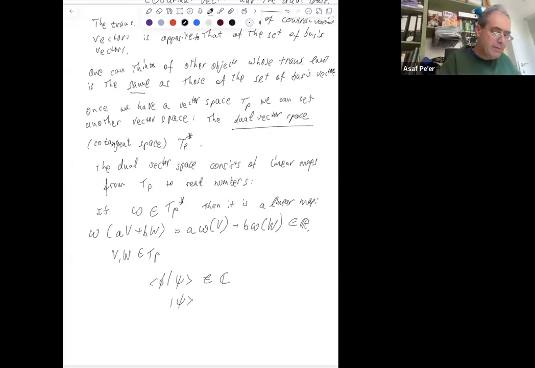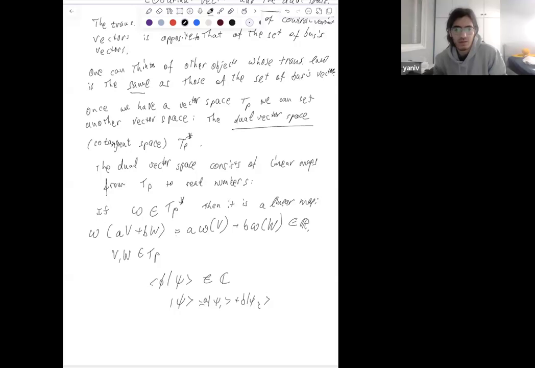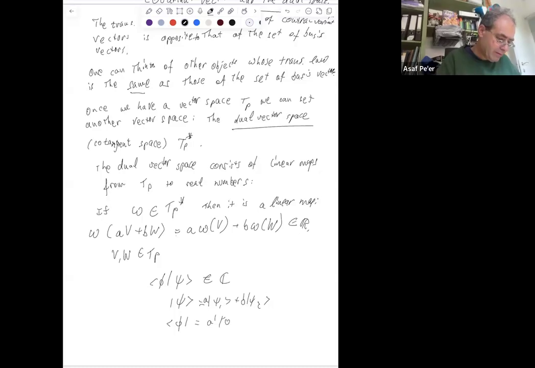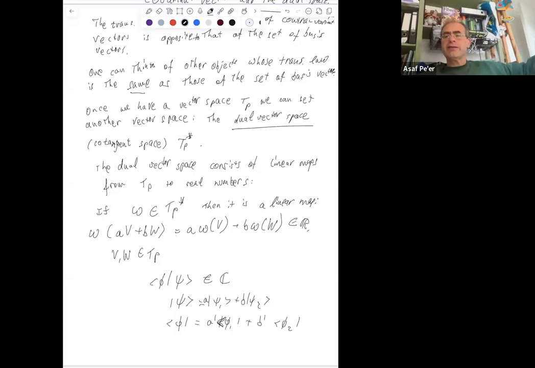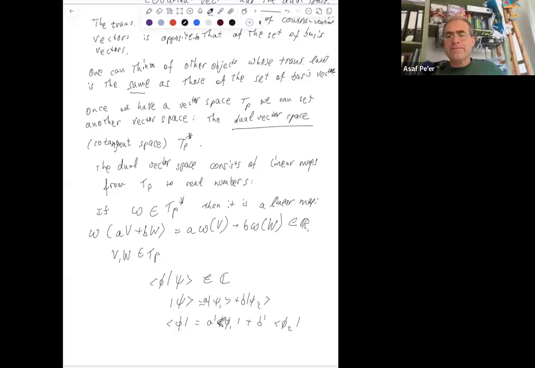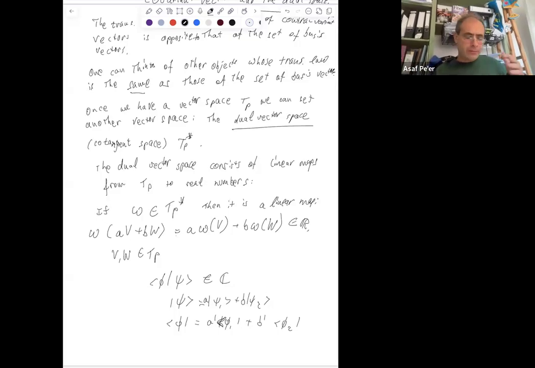And psi is part of a vector space, so you can add them: a psi1 plus b psi2. And the same you can do for the bras: a prime phi1 plus b prime phi2. The way I think of them, these are different objects. They live in different spaces. They can talk to each other. We'll get to that in a second.